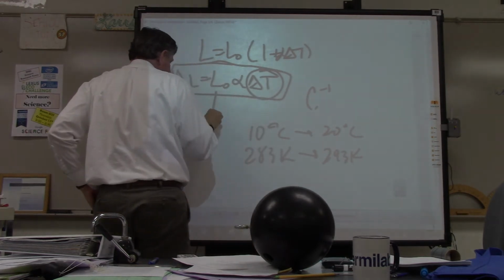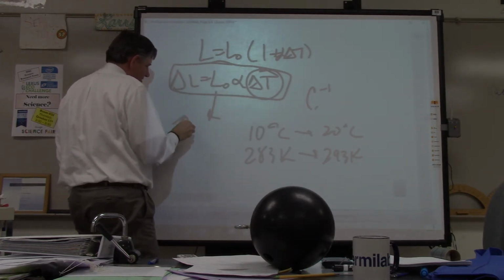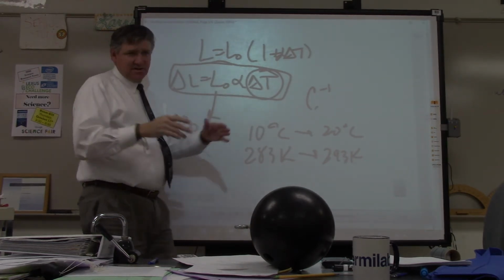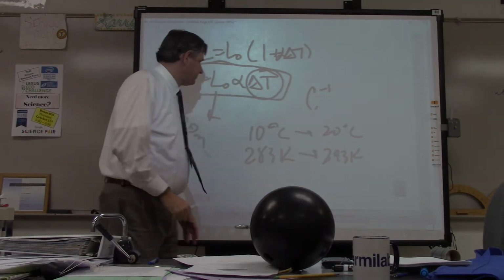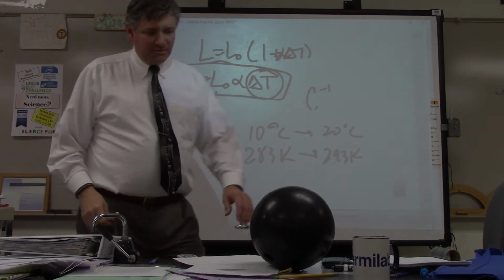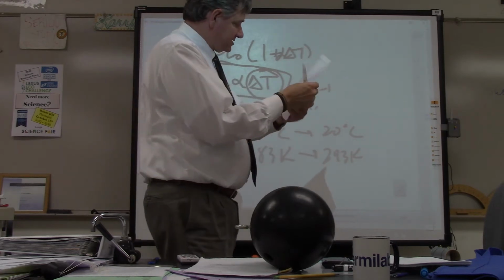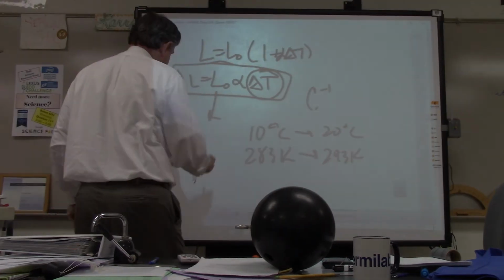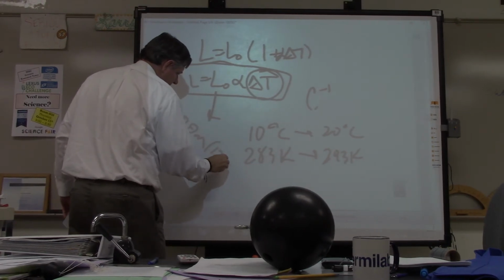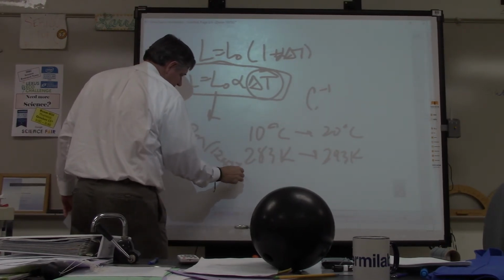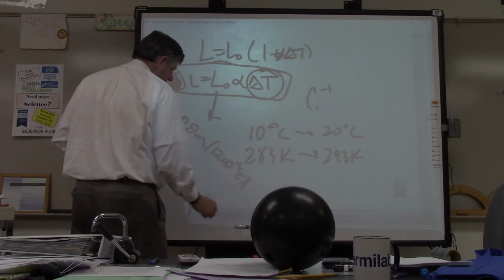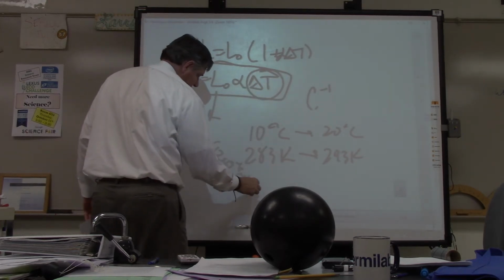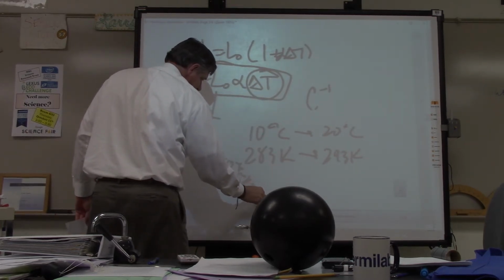So let's say that your initial length is, I don't know, 10 meters. So you have a chunk of steel 10 meters long. Then you would find the coefficient of linear expansion for steel, which is 12 times 10 to the negative 6 per degree Celsius. And then let's say your change in temperature is 20 degrees Celsius.